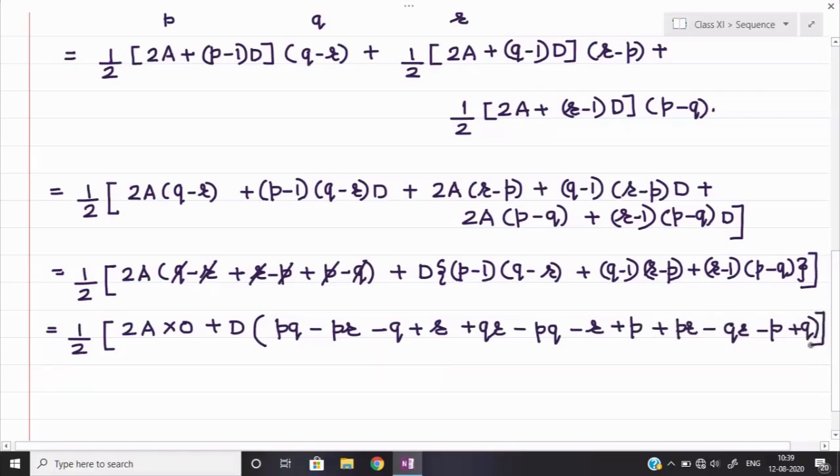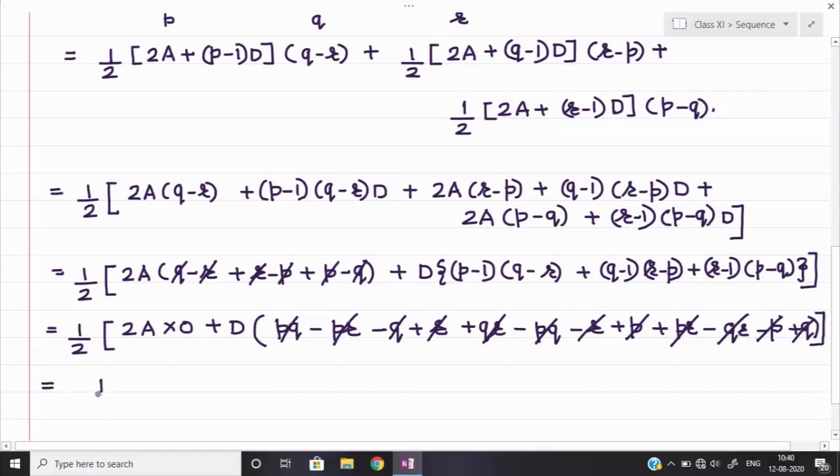Okay, if we have not done any sign mistake, then you will see all will be cancelled. For example, look at PQ, plus PQ, minus PQ got cancelled, minus PR and then plus PR got cancelled, minus sign of Q and at the last plus Q is coming, that will be cancelled, minus R and this is plus R, so both will also be cancelled, plus QR and minus QR will be cancelled and plus P and minus P will also be cancelled.